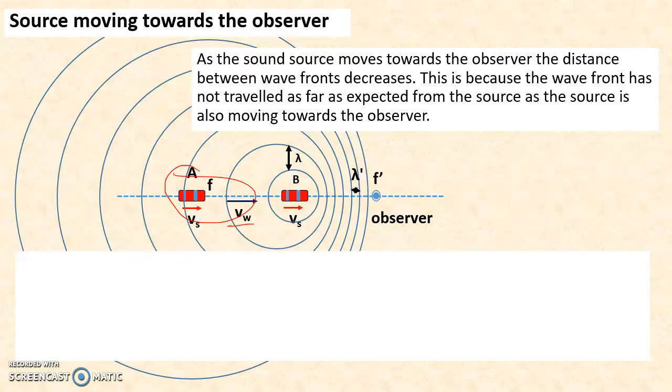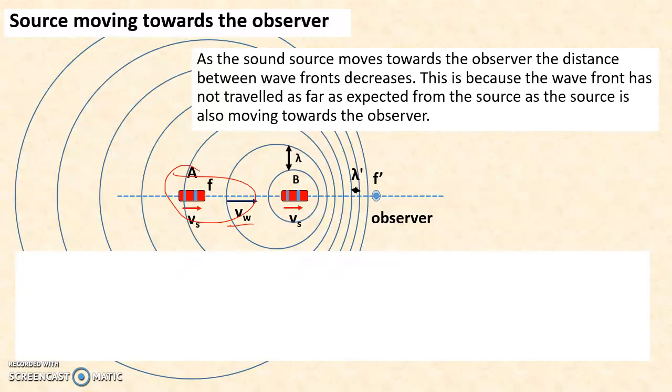If it was staying still, there would be a regular distance between the sound waves. But if it's going towards the observer, it's catching up with the waves in that direction. So we say that the wavelength is decreased. The observer sees a decreased wavelength.